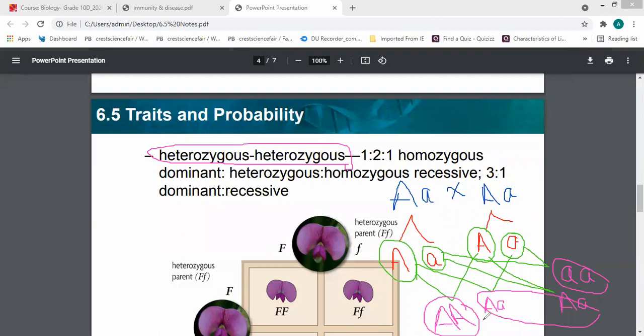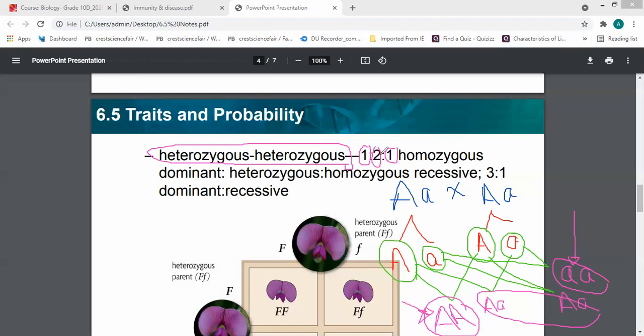So the ratio will be 1 to 2 to 1. The first and the last are homozygous: the first one homozygous dominant, the last one homozygous recessive.